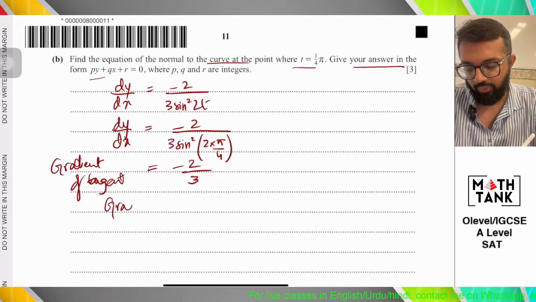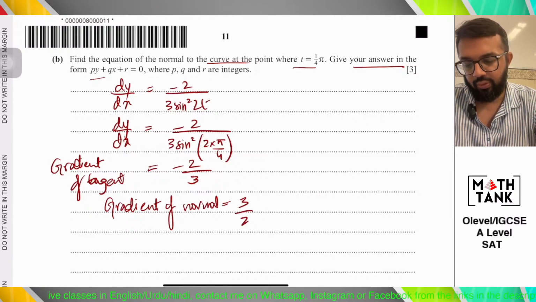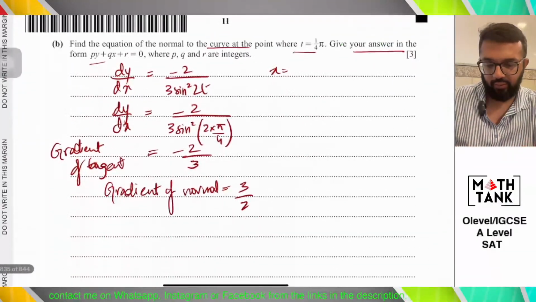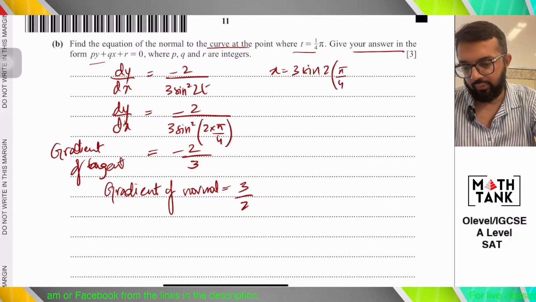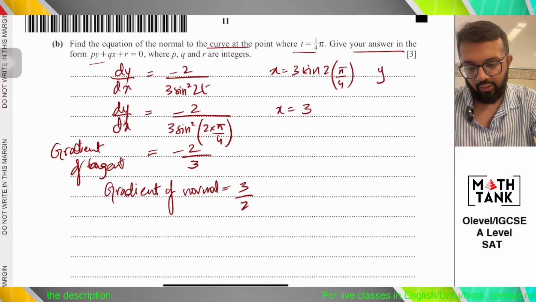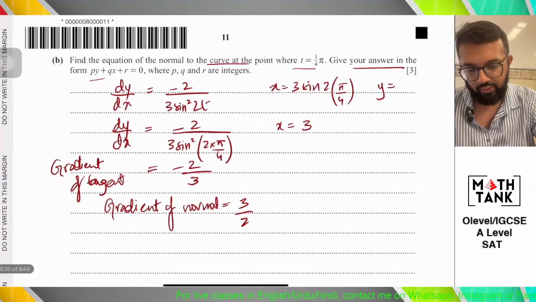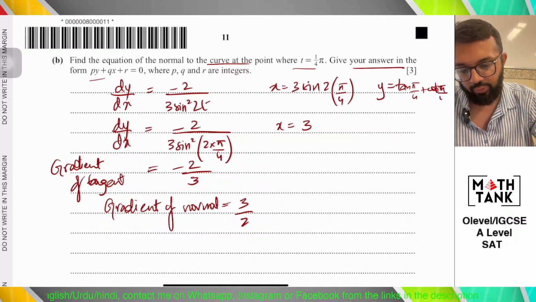Gradient of normal is going to be 3/2. x and y have to be found. x is 3 sine 2t. And y is tan t plus cot t. Tan pi over 4 plus cot pi over 4 are both going to be 1.